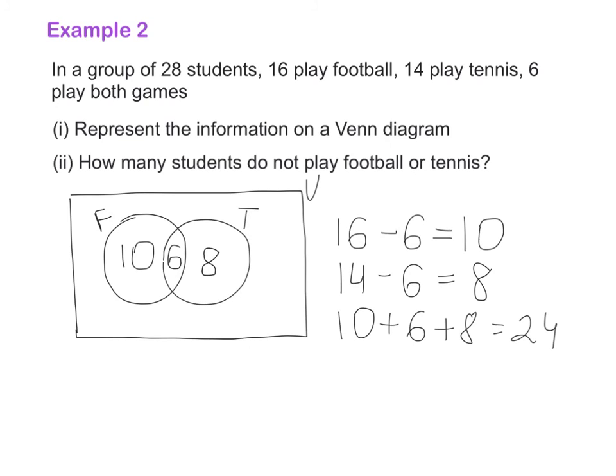So we need to place 4 students just outside our 2 circles, outside football, outside tennis. So let's check it now. 10 plus 6 plus 8 is 24, and 24 plus 4 is 28. So 28 students, correct.